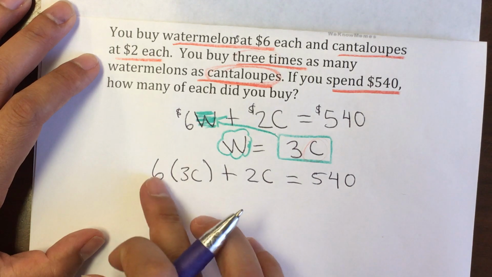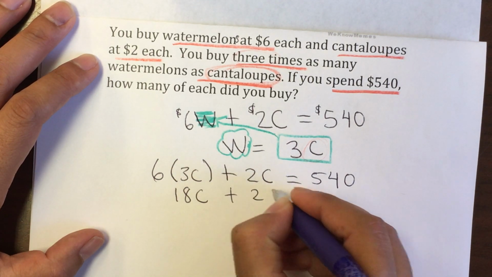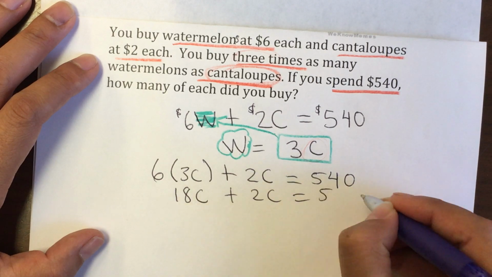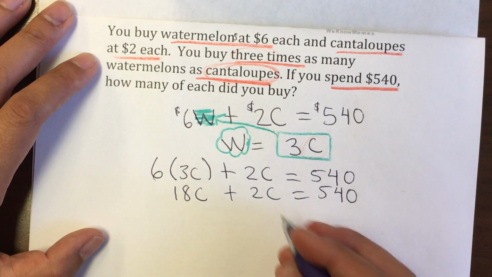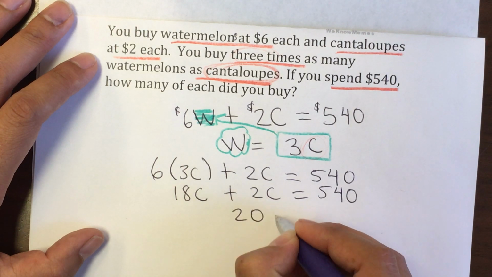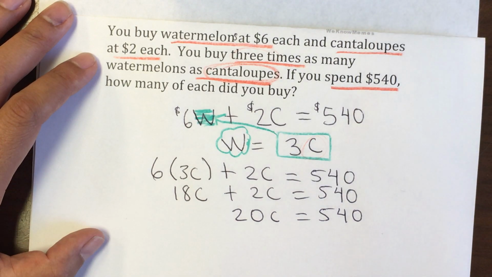And so 6 times 3C is 18C plus 2C is equals to 540. I combine like terms, so 20C is equals to 540.